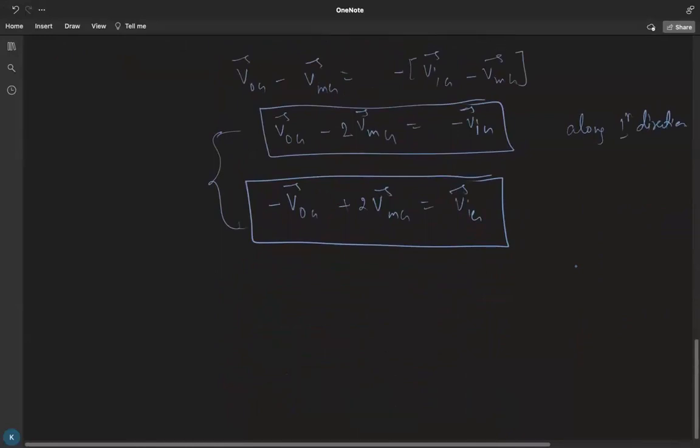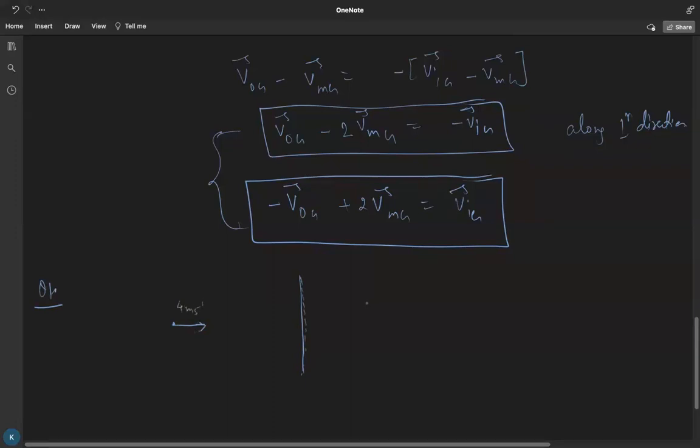Now, let's take some questions on it so the concept will be clear to all of you. Let's take the first question. There is a mirror, and this is the object, which is moving perpendicular to the mirror at 4 meters per second.